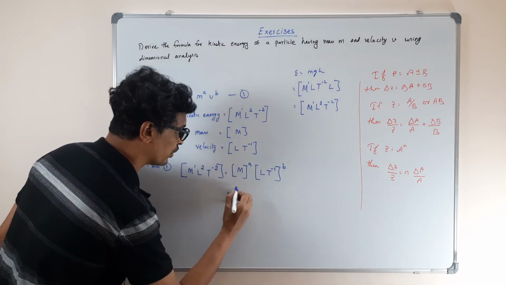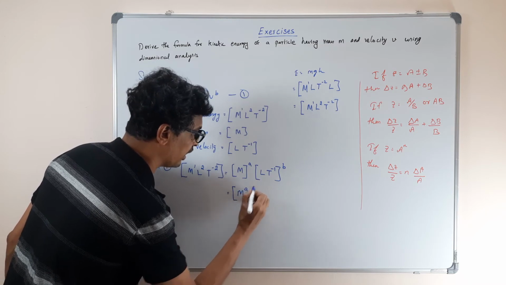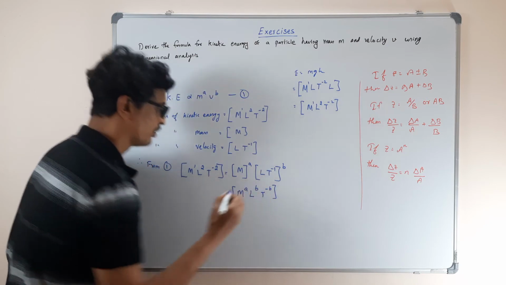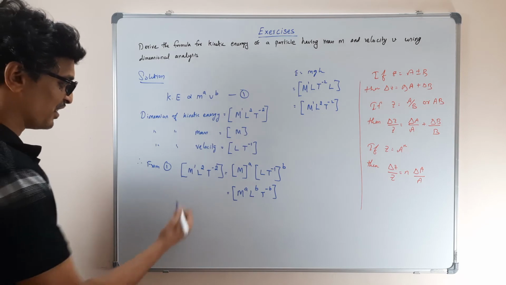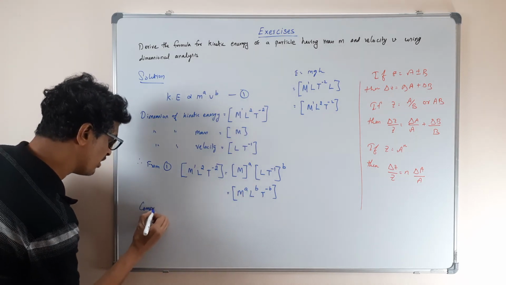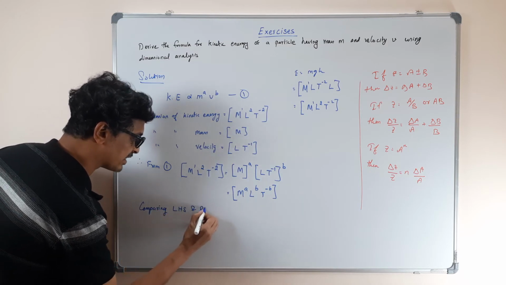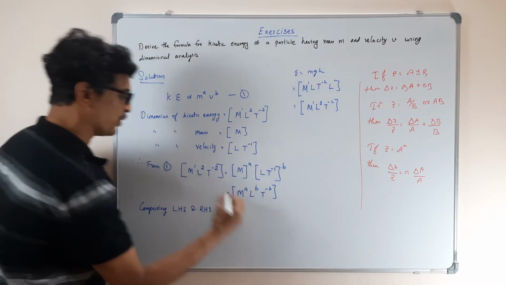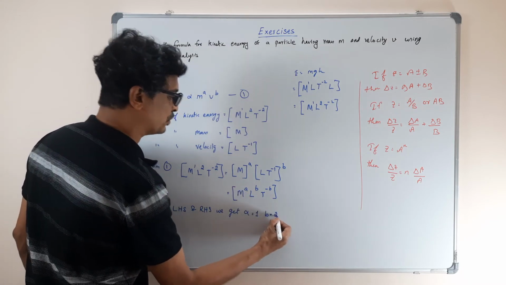Now let us open it. So what we have when you multiply them both, all those things: M power a, L power b and T power minus b. Okay. So answer, you got it. Am I right? So comparing these two sides, comparing LHS and RHS, what do we get? a will be 1 and b will be 2.